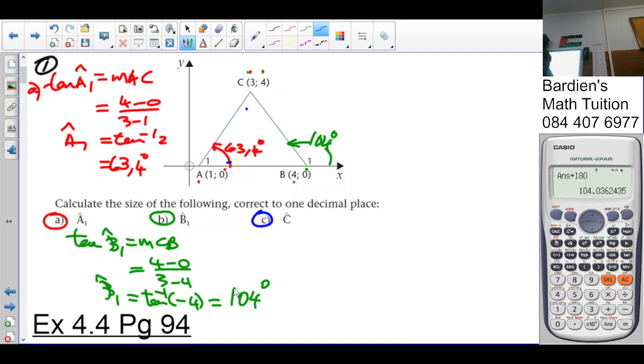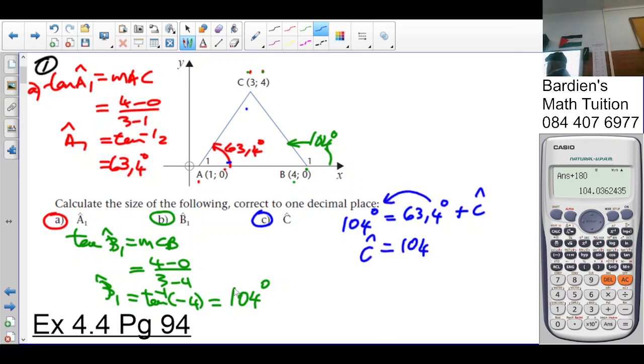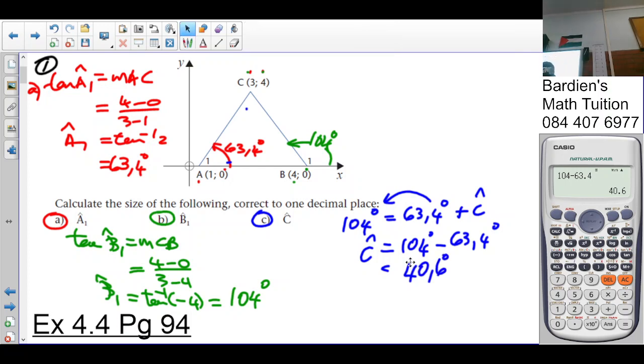So what do I say? 104 degrees equals 63.4 plus angle C. So angle C is equal to 104 minus 63.4, which gives us 40.6.